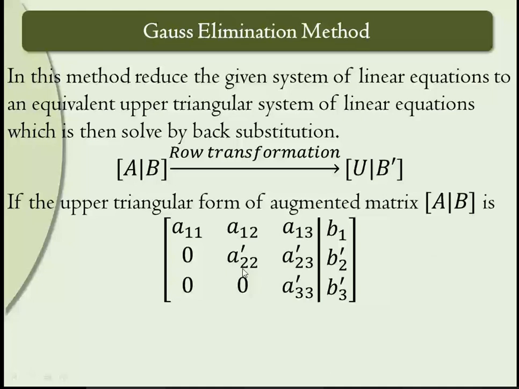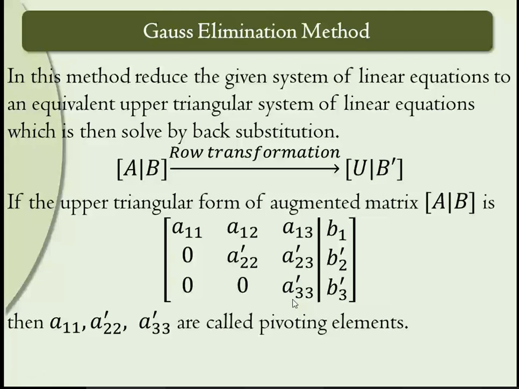Now these elements A11, A22 dash, A33 dash are called pivoting elements. The first non-zero element of the corresponding row is called a pivoting element. So this is the Gauss elimination method.